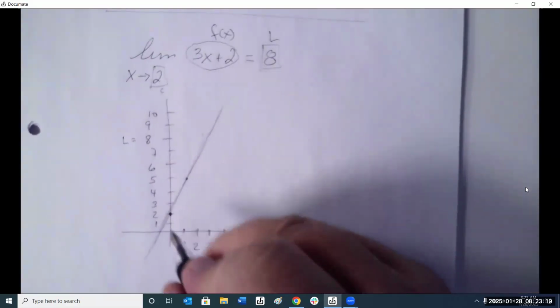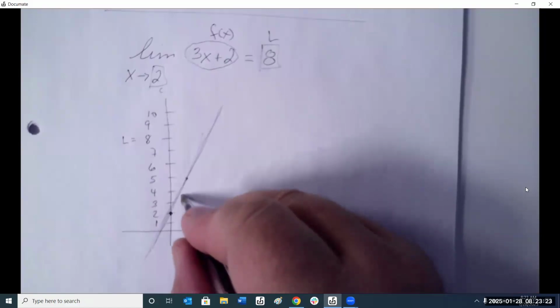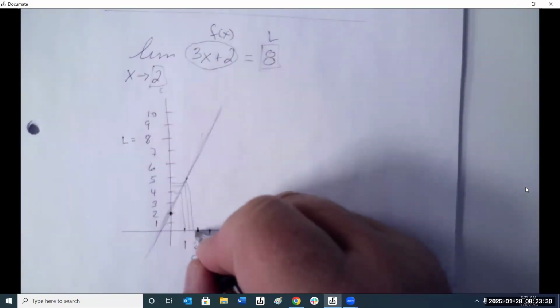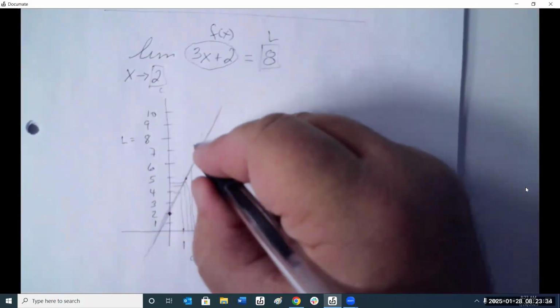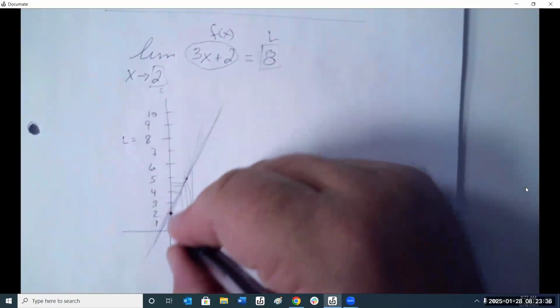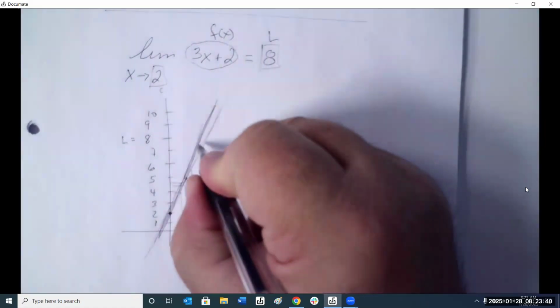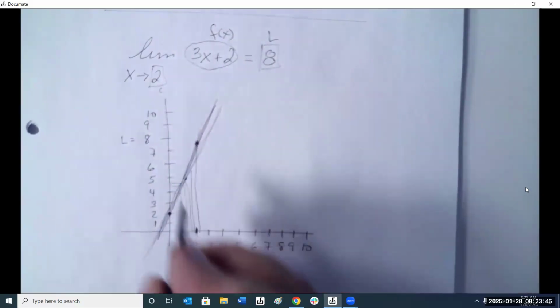As I get closer to my value c, it should be up there. As I approach c, it will approach what value?